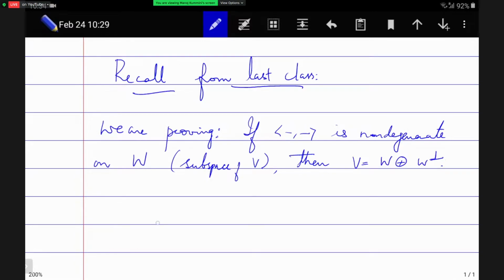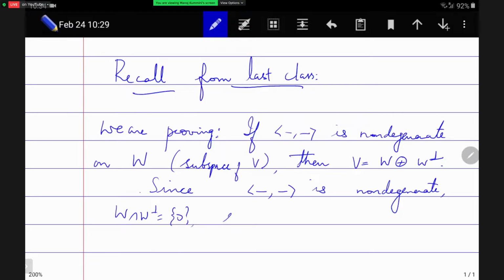And so we first observed that since this is non-degenerate, W intersect W perp is trivial.